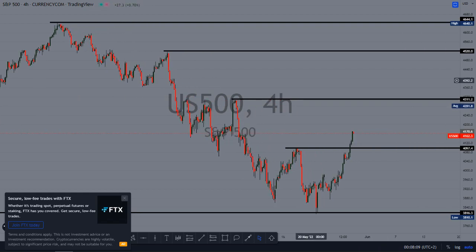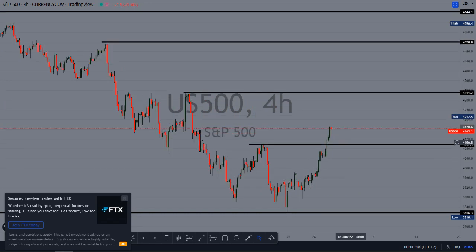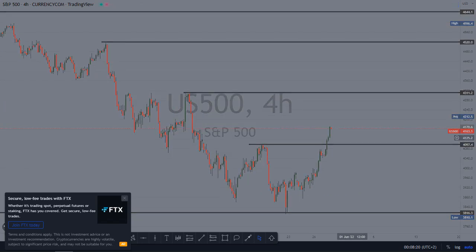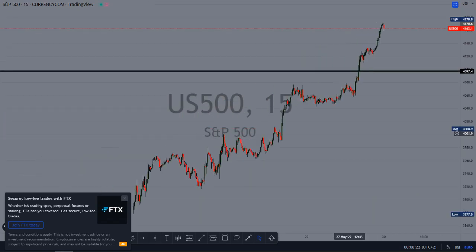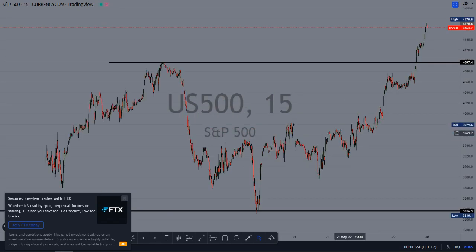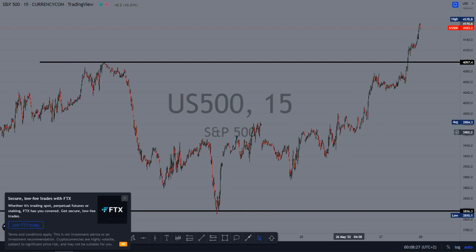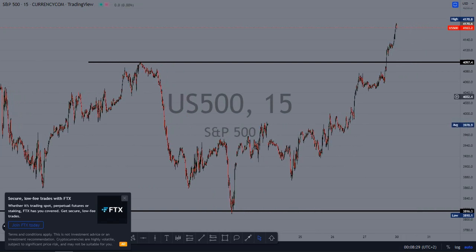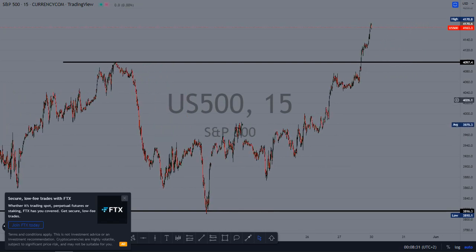So the same strategy that you use on Nasdaq, you can also apply on the S&P 500. You can see it's the same move. Even if we go on the 15-minute time frame, it's just the same move. So we can use this one also, put it on our watch list. Then we know that we can profit from the Nasdaq 100 and also the US 500.